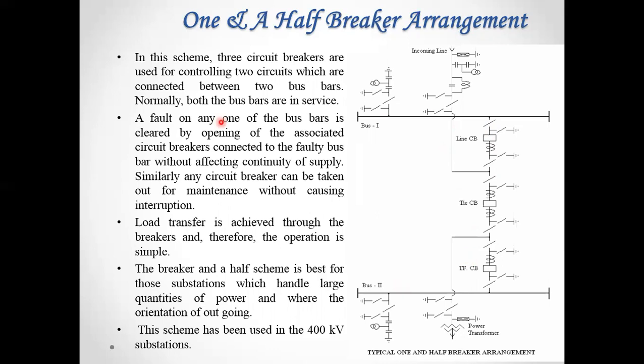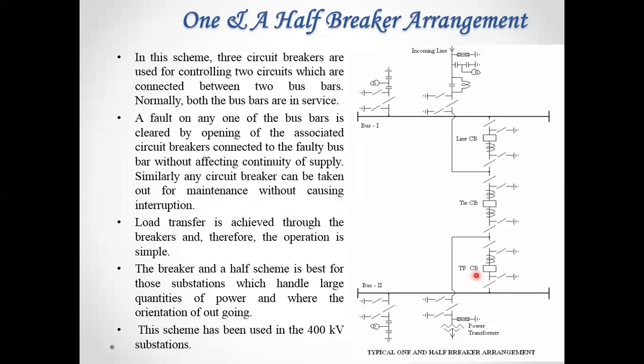A fault on any one of the bus bars is cleared by opening the associated circuit breakers connected to the faulty bus bar, which does not affect continuous supply. Similarly, any circuit breaker can be taken out for maintenance without causing any interruption.